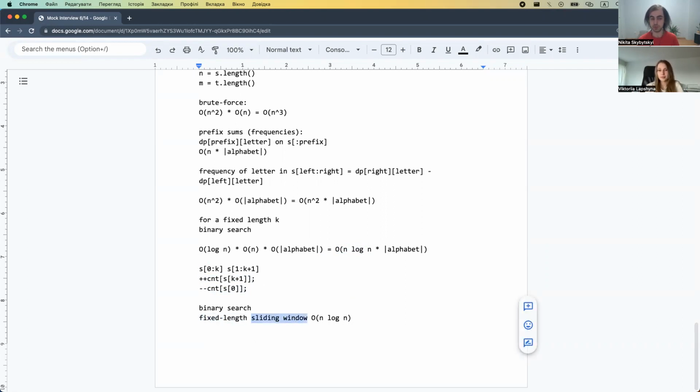We can just do a variable length sliding window as follows. So we will extend our window to the right until it contains all the necessary characters. So we'll start with 0, 0, extend right until it contains all the characters.